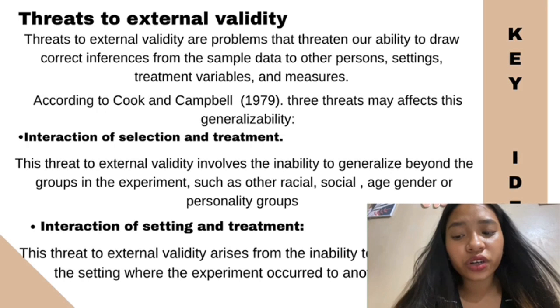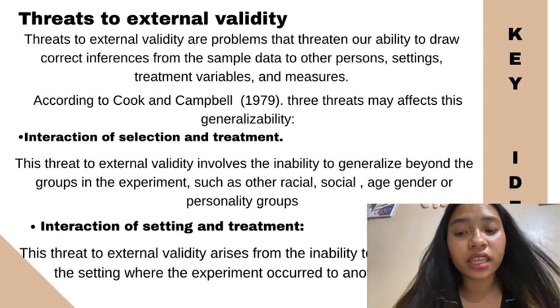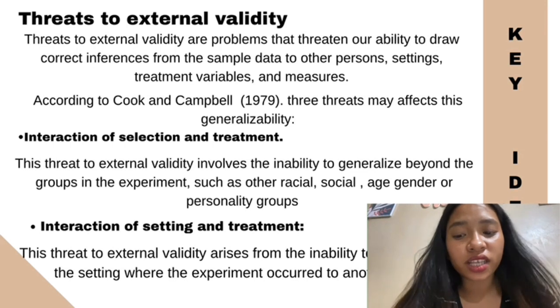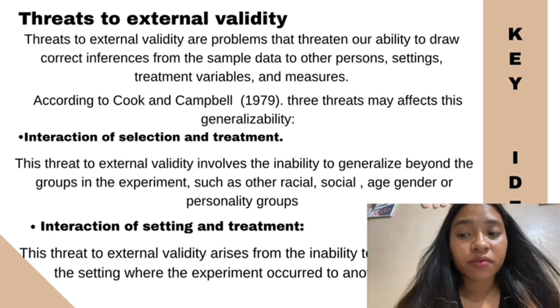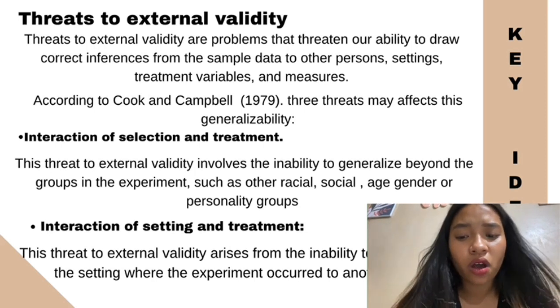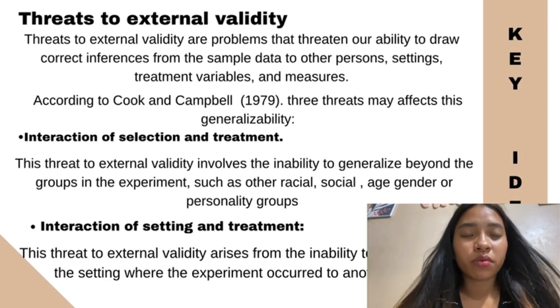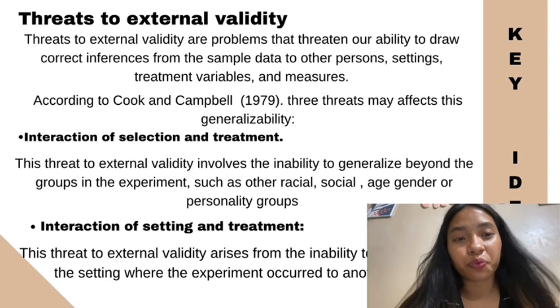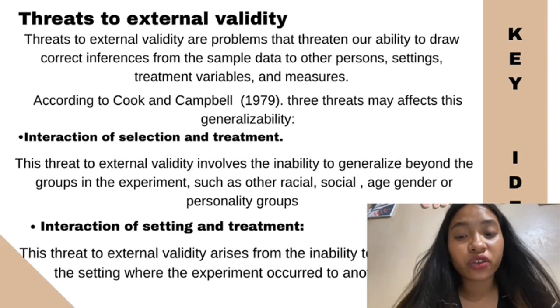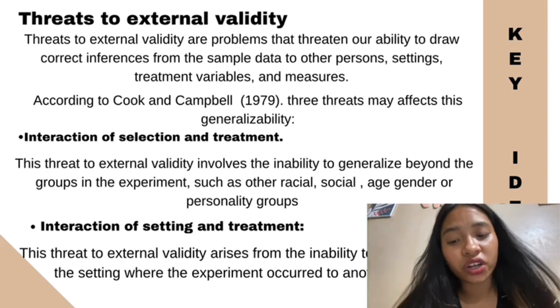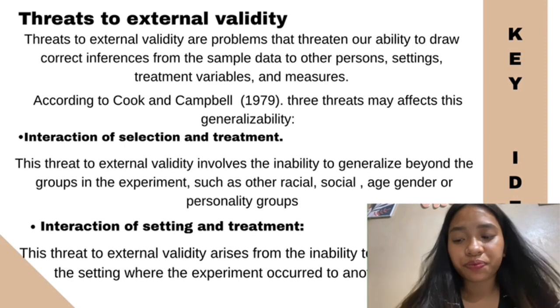This threat to external validity involves the inability to generalize beyond the groups in the experiment, such as other racial, social, age, gender, or personality groups. So this threat develops when they generalize beyond the groups that were involved in the experiment.